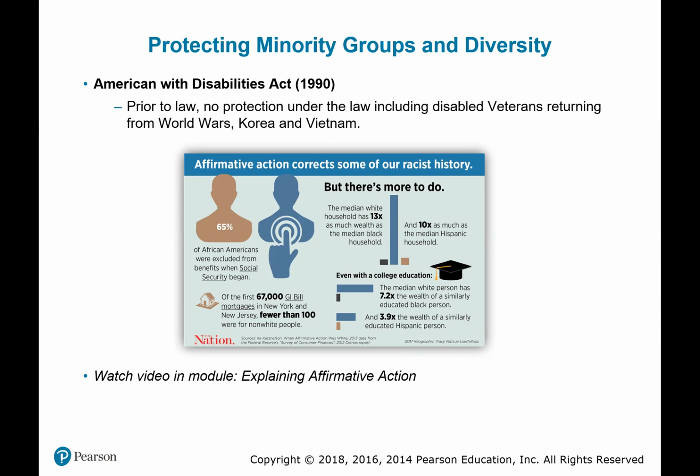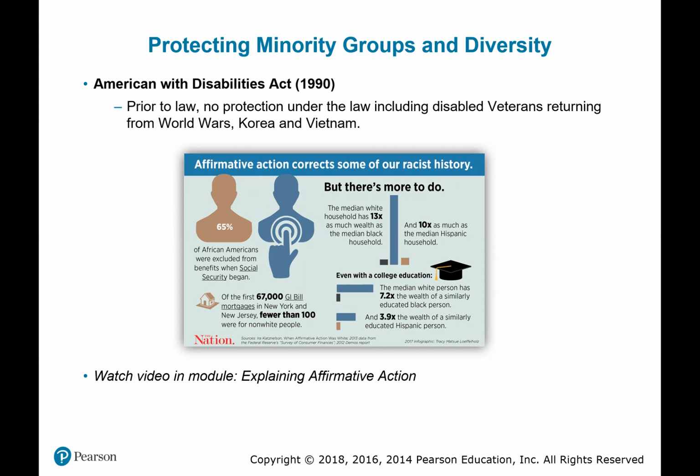That being said, watch the video in the module explaining affirmative action. A lot of people don't really understand what it is. This little graph here just shows you some things about the current context of things and the past. So when Social Security began, that's for everybody. 65% of African Americans were excluded from benefits.